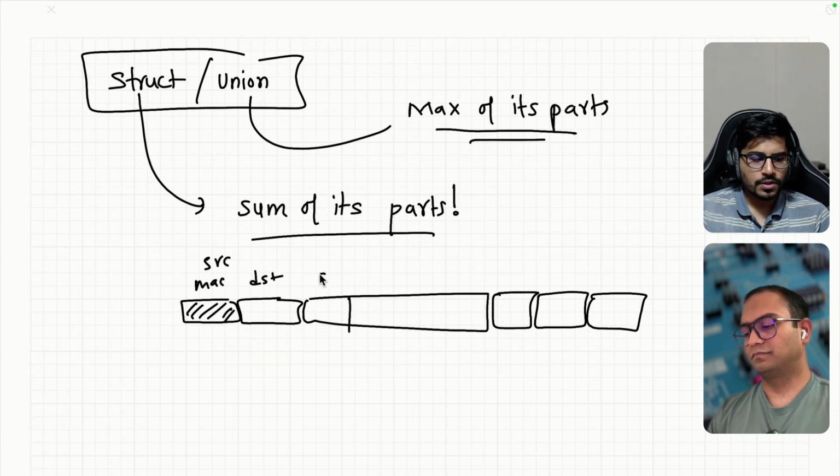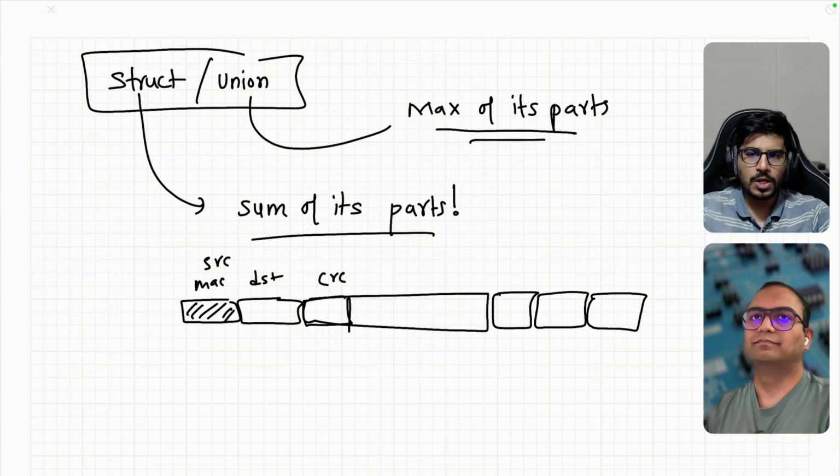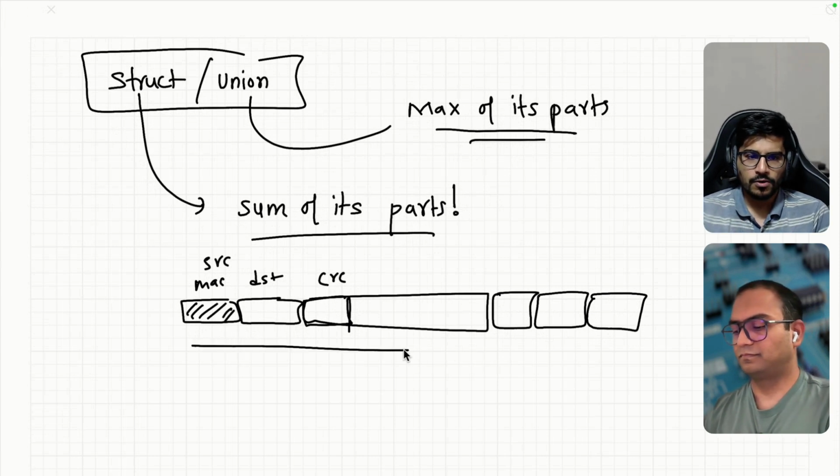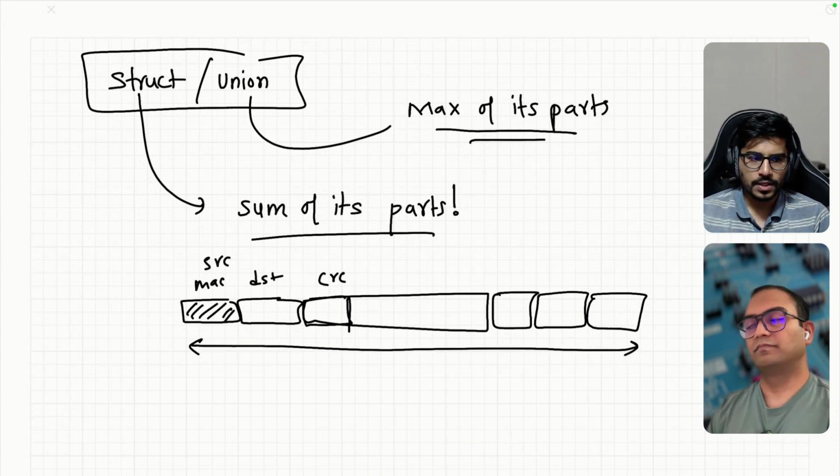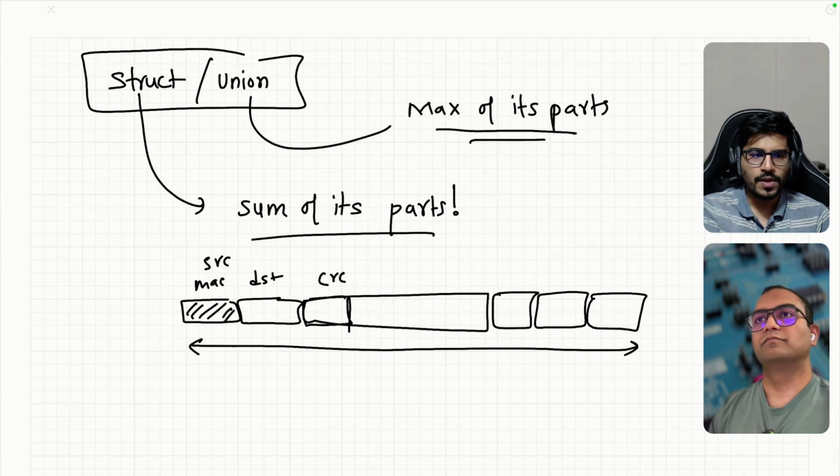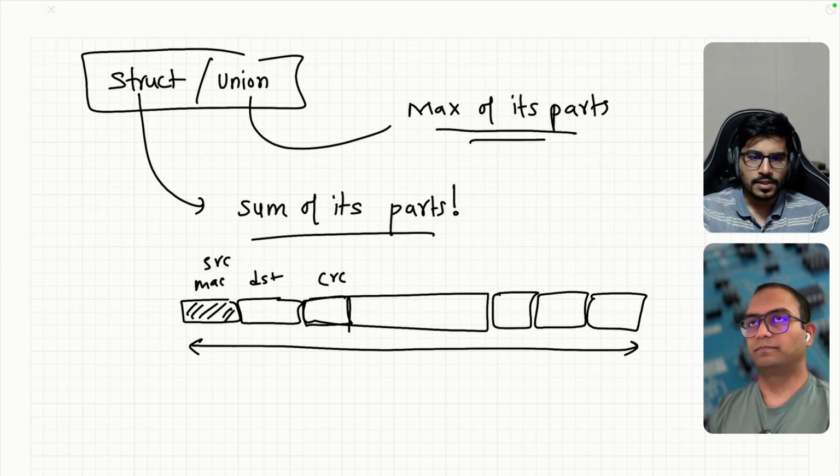But you know for sure that this all belongs to one Ethernet packet, and you want to club it together in some construct, and we'll see how struct helps there. The reason is, if you have combined everything into one structure, then you can play around with arrays of that structure very easily.